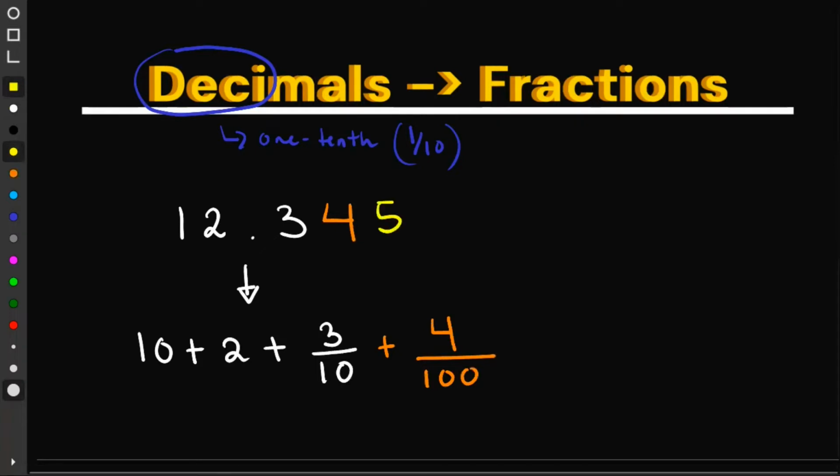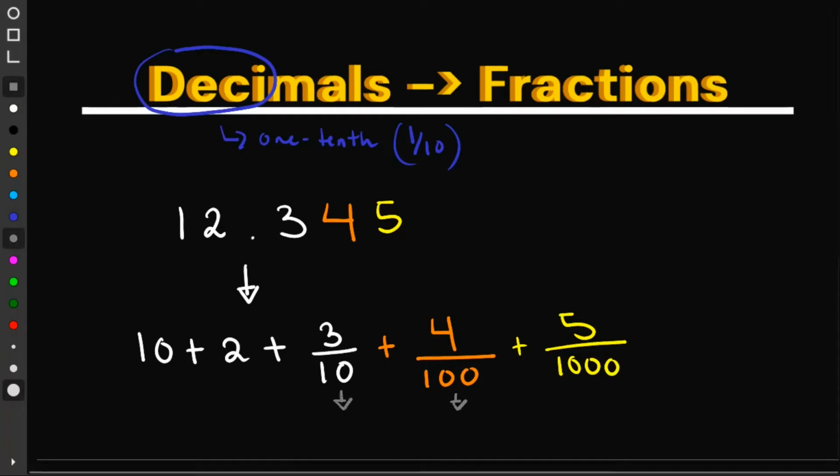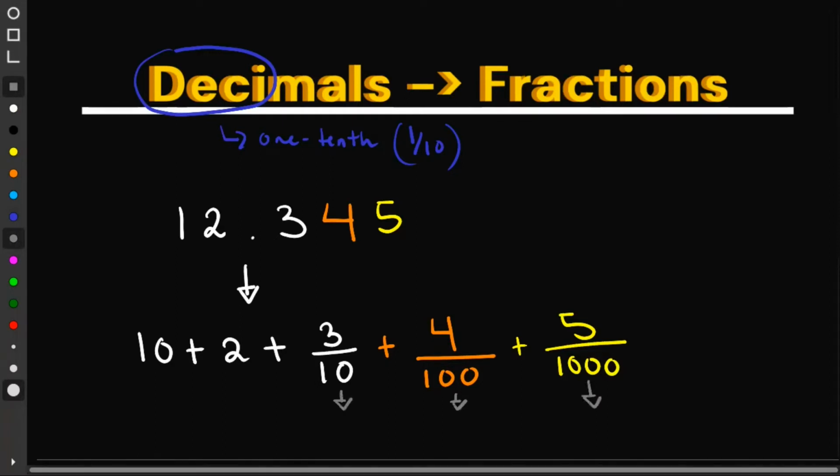And if we add another number, we can write that as 5/1000. As you can see, the denominators are 10 to the first, 10 squared, 10 cubed. So basically, this is how decimals work.